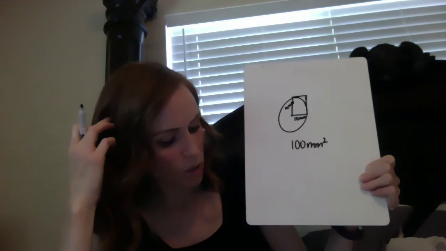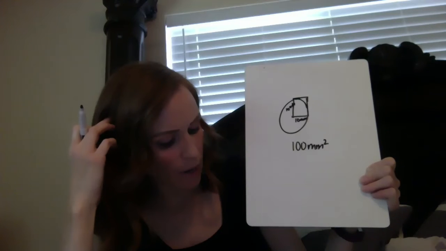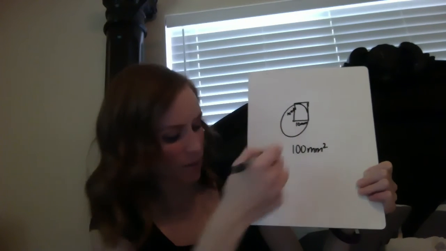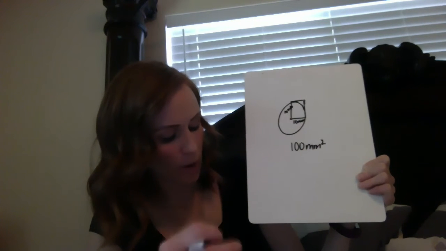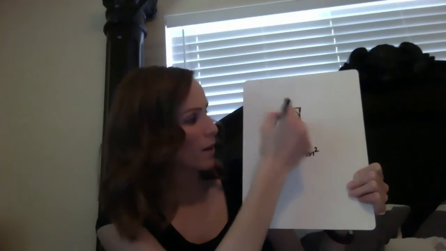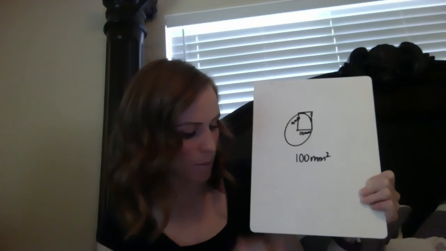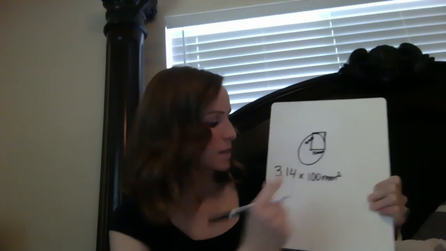The area of this circle is exactly equal to the area of pi of these squares. To find the area of the circle, we multiply the area of the square by pi. So we first found the area of the square, then we multiply that by pi, which goes exactly with what we've been learning in Math 65.